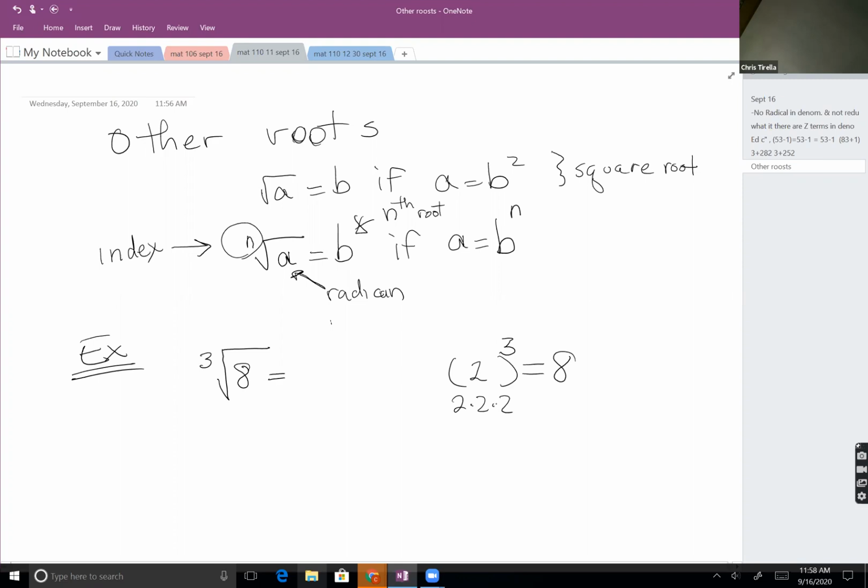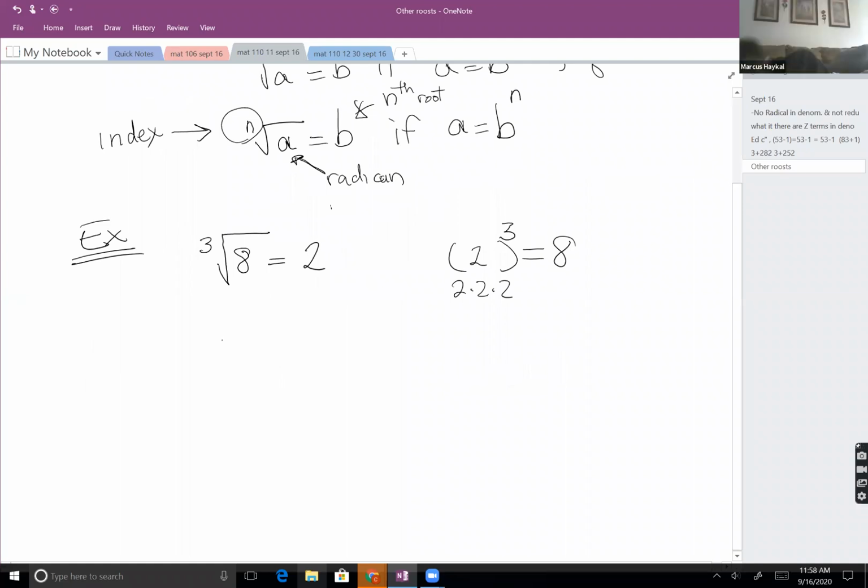So we say the cube root of 8 is 2. Wait, how did you figure that out? I said to myself, what can I multiply by itself 3 times and get 8? 1 times 1 times 1 is 1. That doesn't work. 2 times 2 times 2, yep, that's 8, so I've got it.